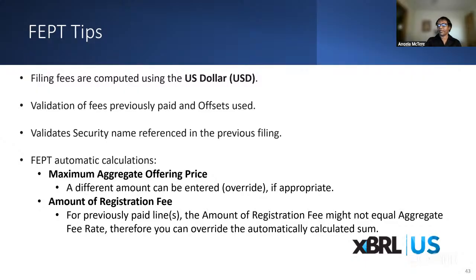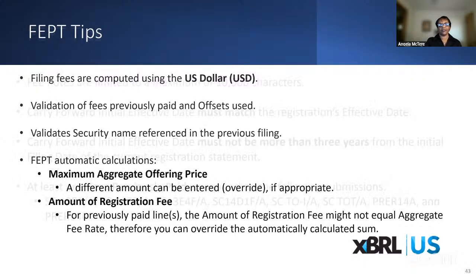One of those is if you are registering per unit, the tool only allows up to 4 decimal places. Sometimes if you're registering per unit, it can go beyond 4 decimal places, and so the calculations may be a little off. At that point, you can go in and change that and update that amount. Okay.